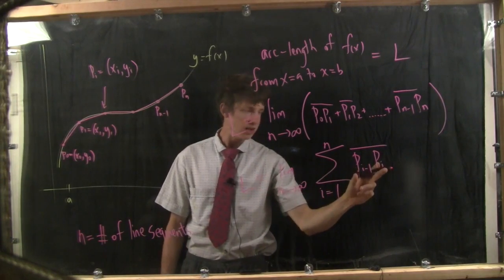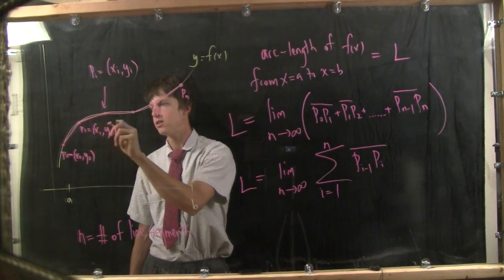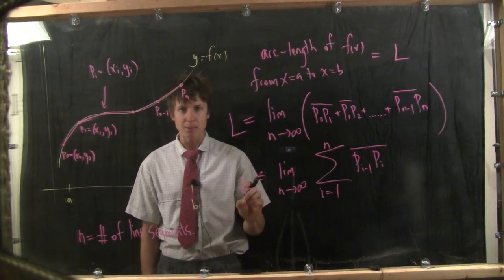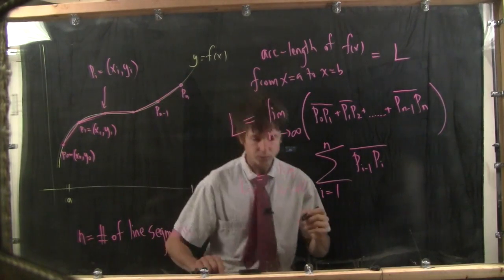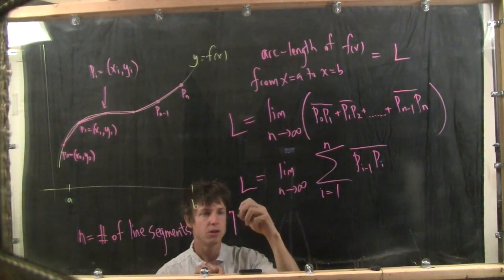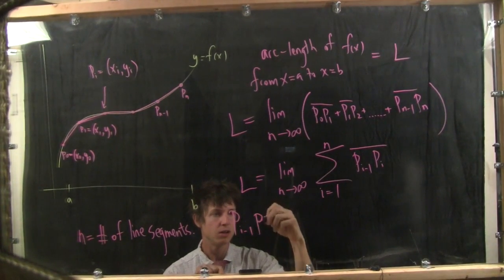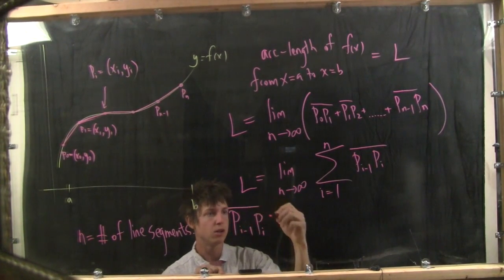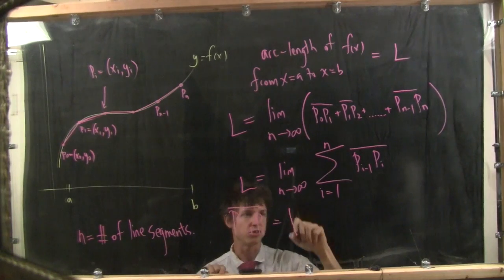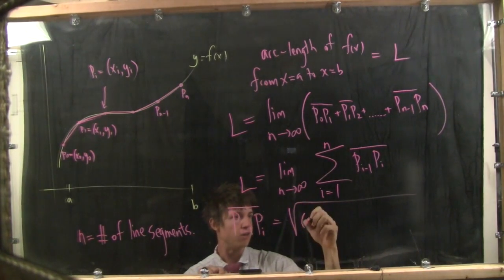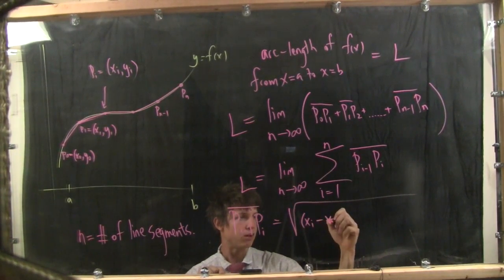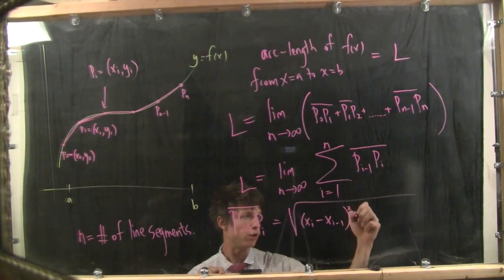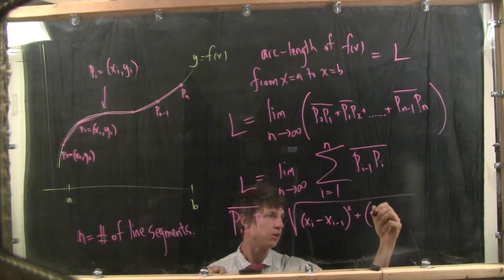So this is just the distance of this line segment. Now think back to the distance formula. The distance between Pi minus 1 and Pi, the distance formula says, is the square root of the difference in the x values squared plus the difference in the y values.